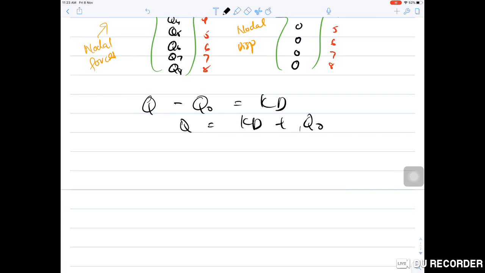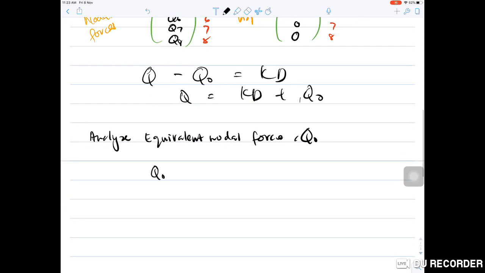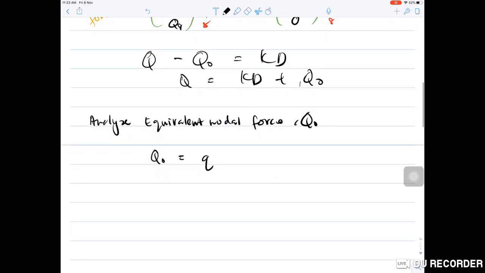Okay, so for element number 2, we want to analyze the equivalent nodal force Q naught. Q naught is equal to Q of how many elements? 3 elements. So Q1 naught, Q2 naught, Q3 naught.